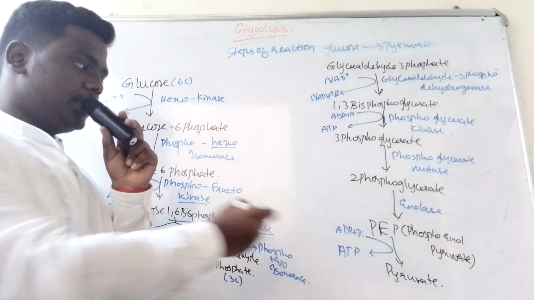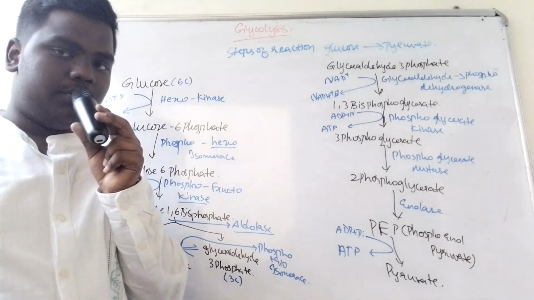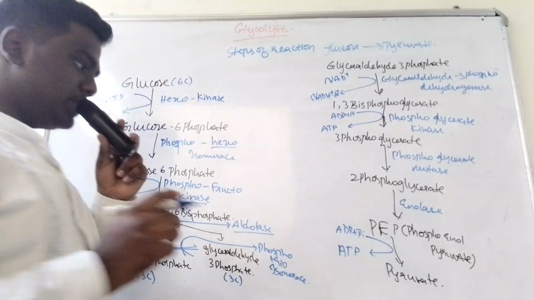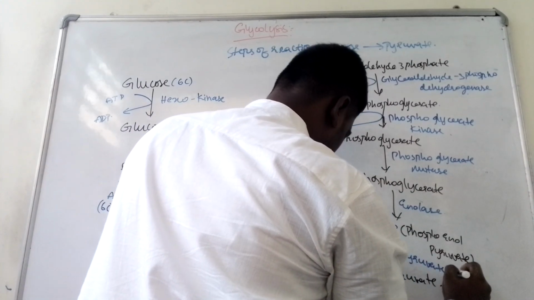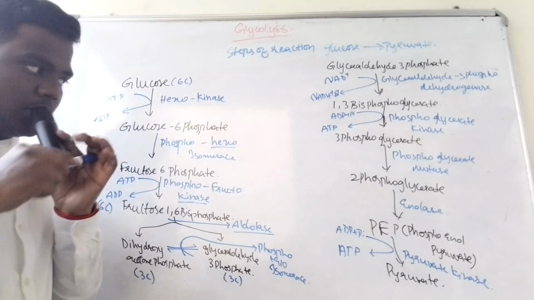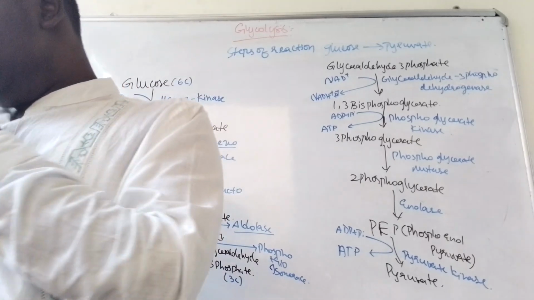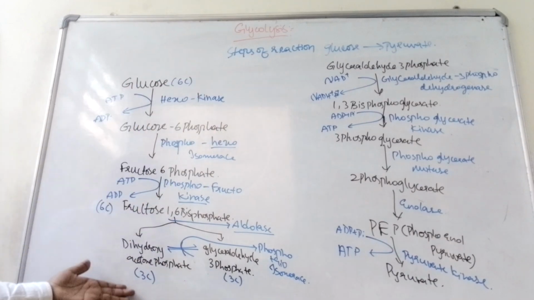Again, if you see here, the ATP is involved here, right? So again, it will end with your kinase. What kinase? Pyruvate kinase. Okay? So if you look, all the enzymes are here. The complete cycle along with their enzymes is on your board.